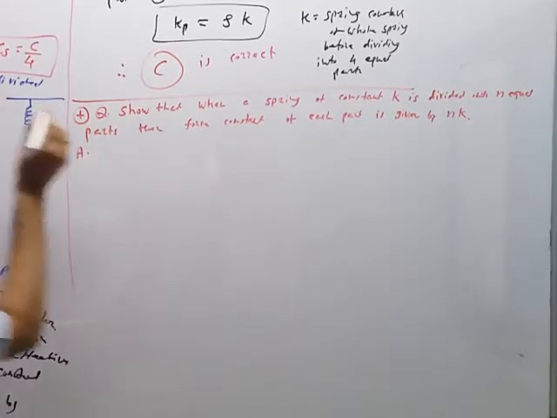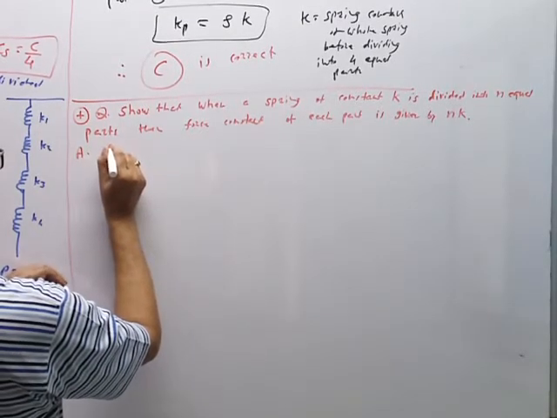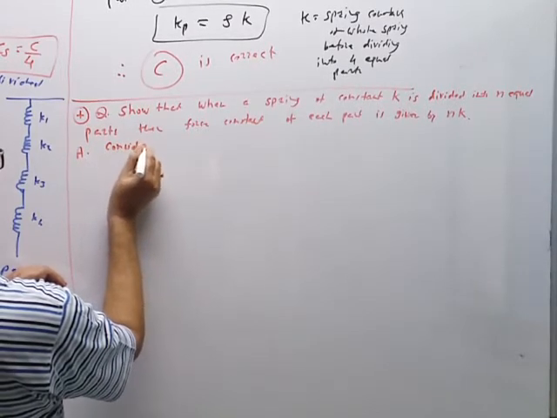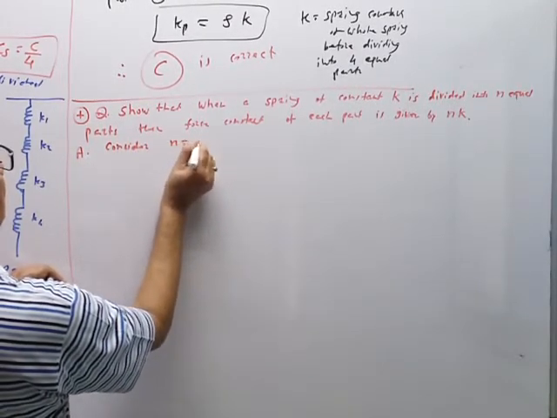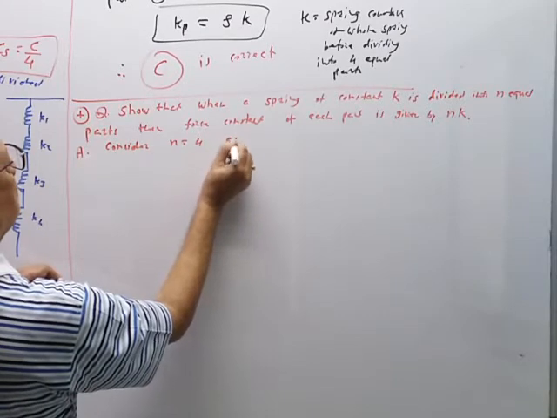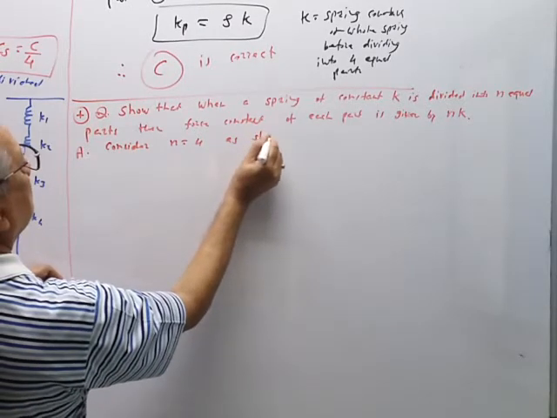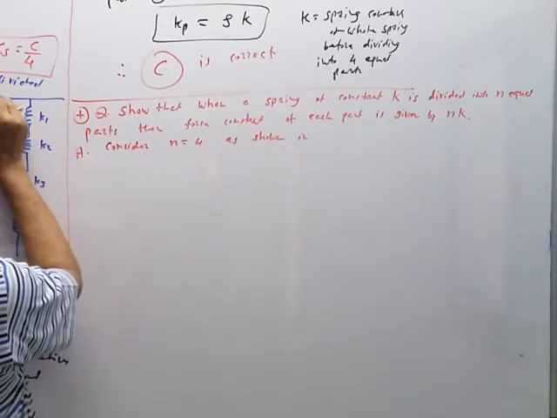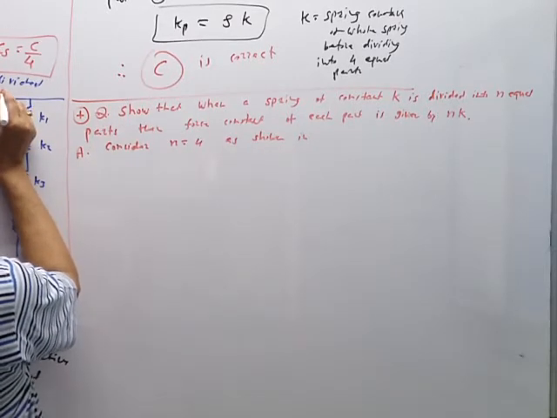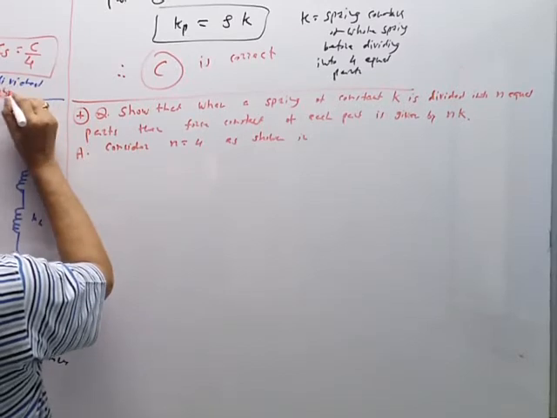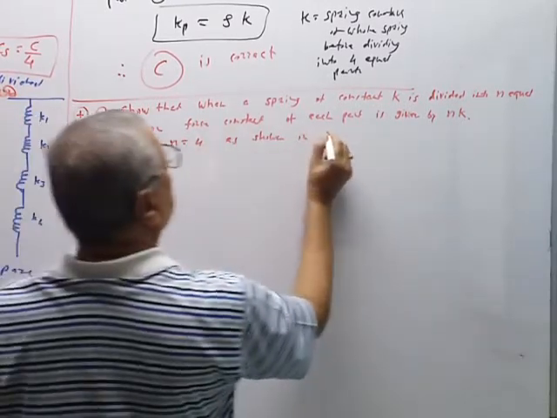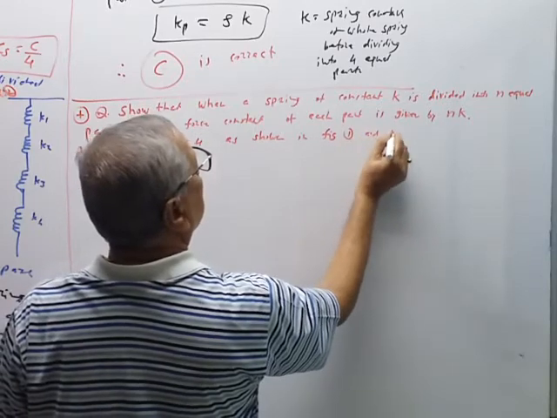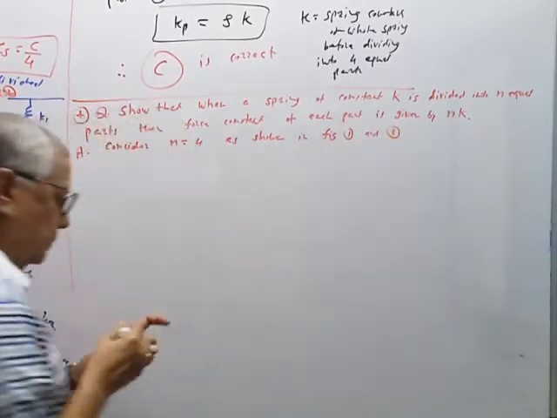This is figure 1. Consider n is equal to 4, as shown in figure 1 and figure 2.